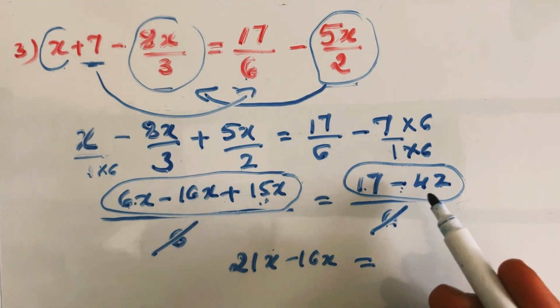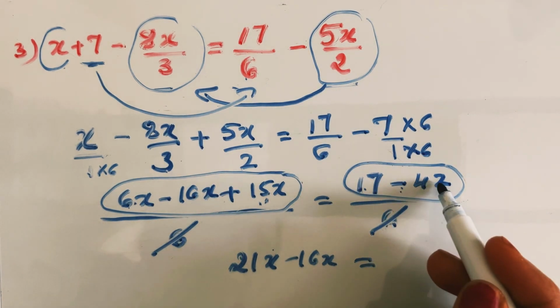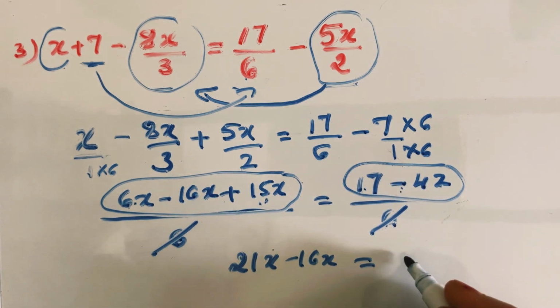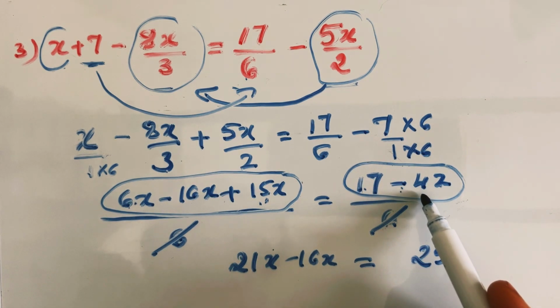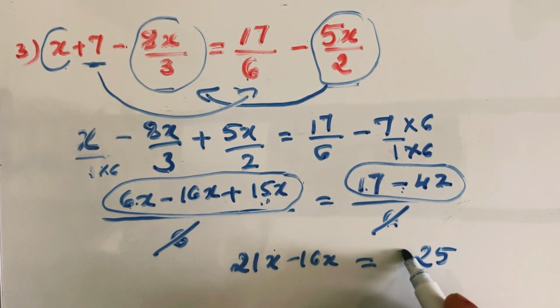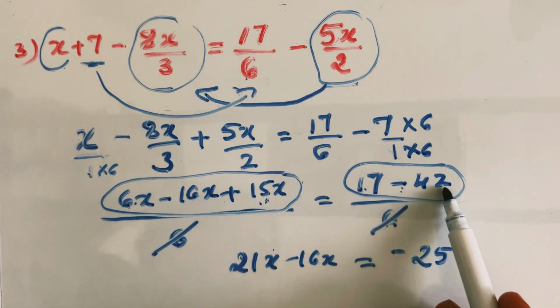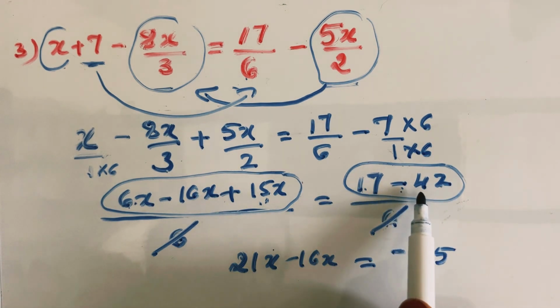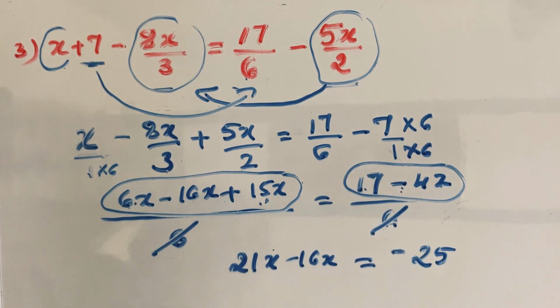I think you know the integer subtraction. So 17 minus 42: you do the normal subtraction, 42 minus 17, which is 25. But here 42 is the bigger number and it carries a negative sign. Since the absolute value of 42 is greater, the number with greater absolute value has the negative sign, so you have to take negative. Now, 21x minus 16x is 5x.